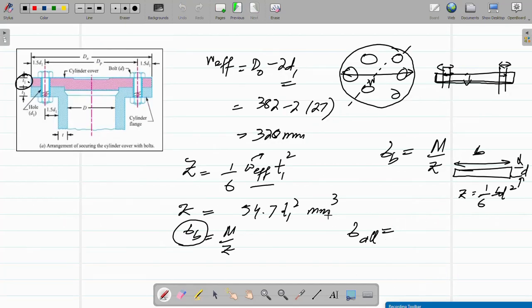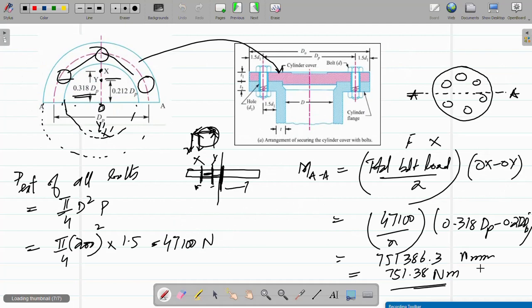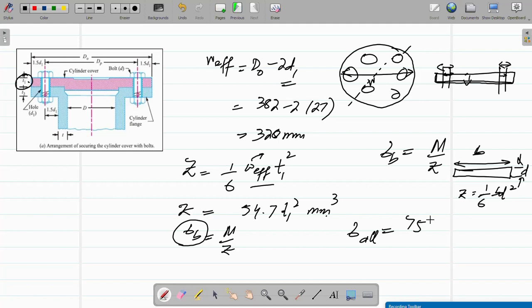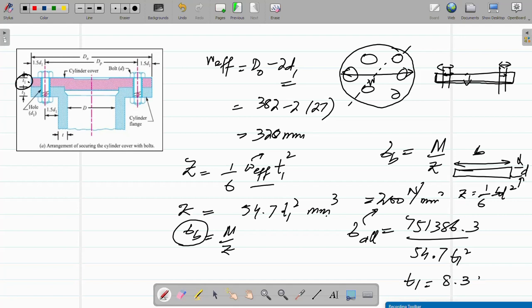Now this is in mm cube, so I have to provide it in Newton millimeter: 751,386.3, divided by Z, which is 54.7 t1 square, and sigma allowable is 200. Why? Because you have to put it in Newton per millimeter square, because of the units on the right hand side. If you solve this, t1 will come out to be 8.3 mm.